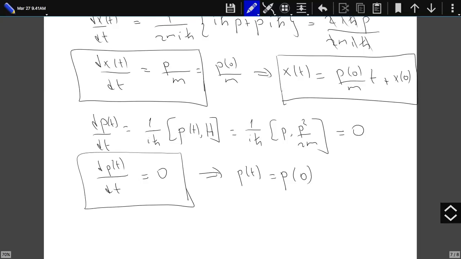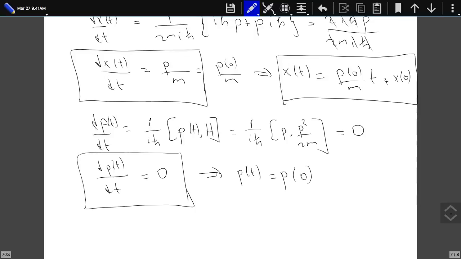For example, let's just look at this expression, dp(t)/dt equal to the commutator of the momentum at the time t with the Hamiltonian. And then I just said, let me ignore the argument t. So it's p and p squared over 2m.